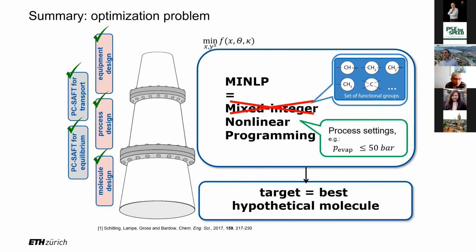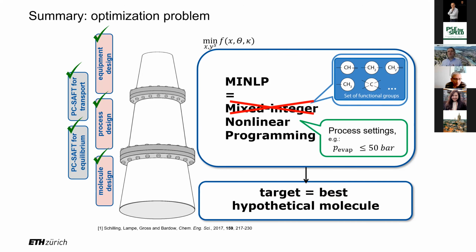If you relax the conditions that it's a mixed integer problem, you will allow for solutions that have, for example, a half CH3 group. So the result will usually not be a molecule that makes a lot of sense, but it gives me a target value. That's the best hypothetical molecule that can be described in this case with PC-SAFT.